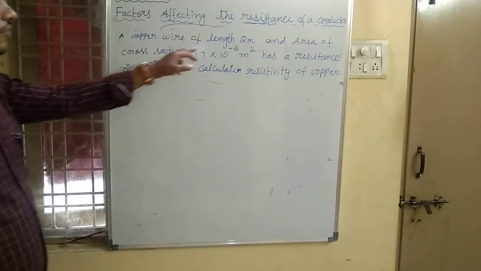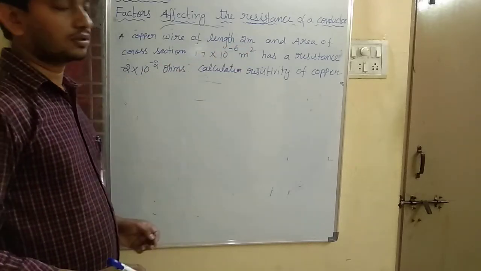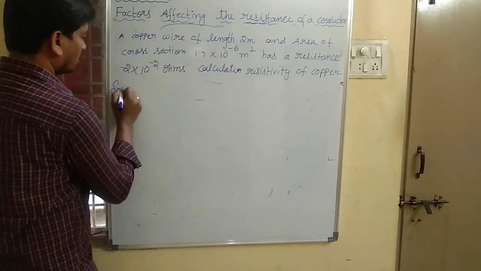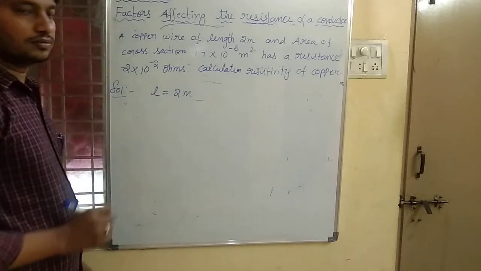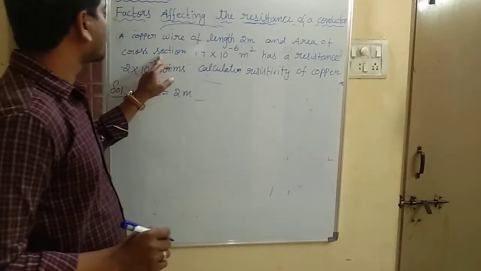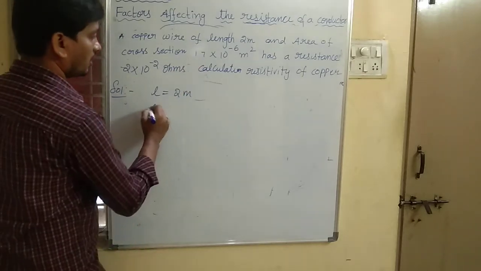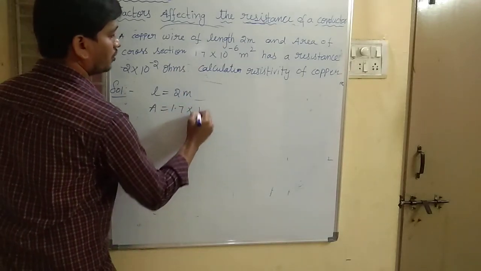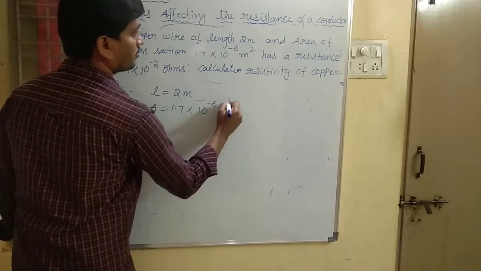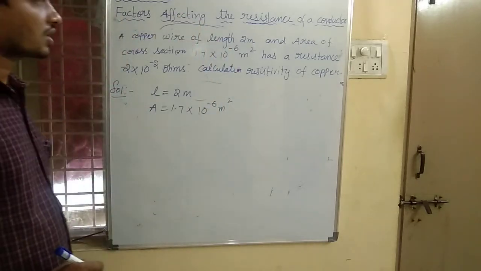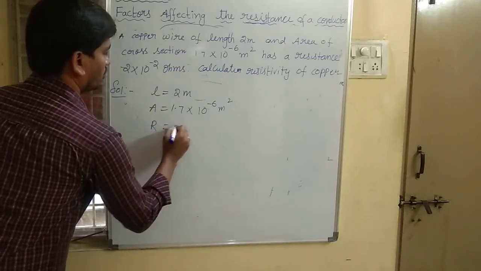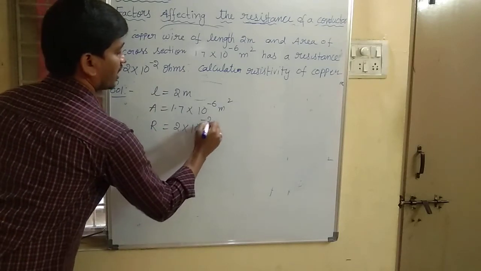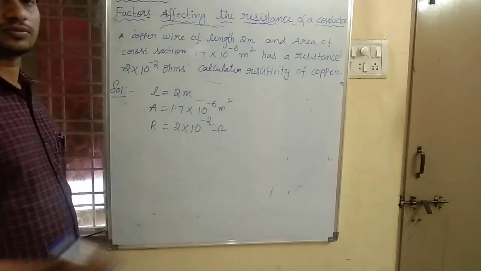What is the question? A copper wire of length 2 meters. Given length of the copper wire is 2 meters, area of cross section is 1.7 into 10 to the power of minus 6 meters square, and resistance is 2 into 10 to the power of minus 2 ohms.